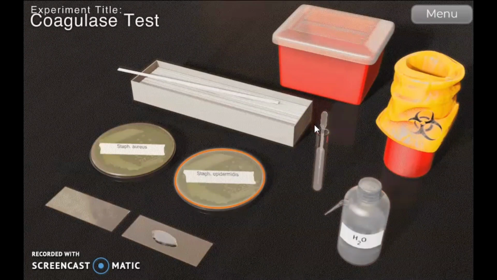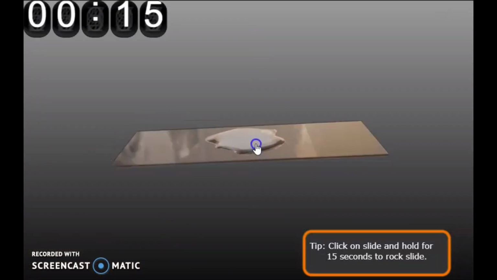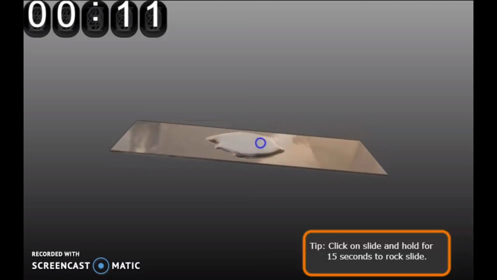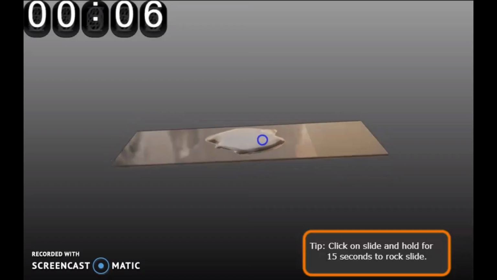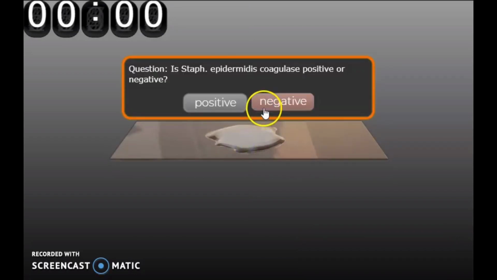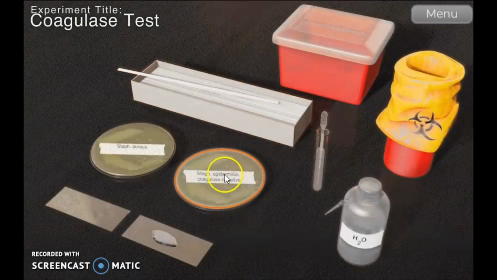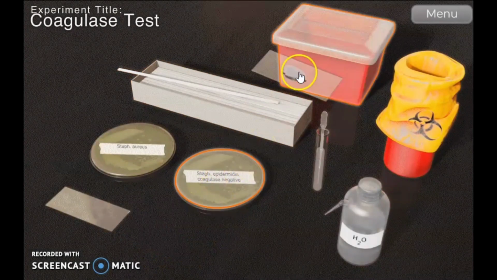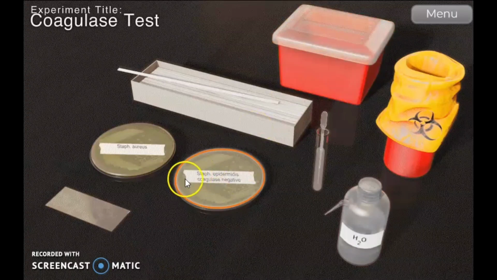After that, rub the slide and watch for clumping. And lastly, dispose of the slide. And then repeat the procedure for the next bacteria.